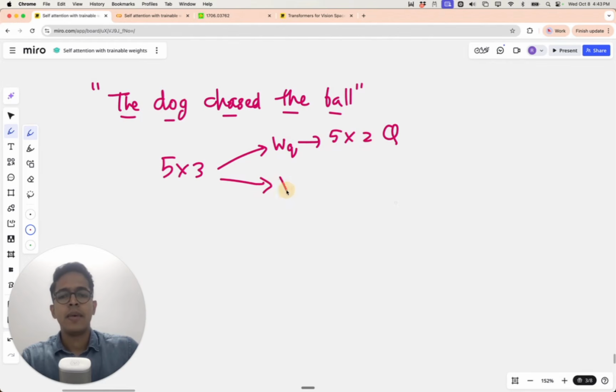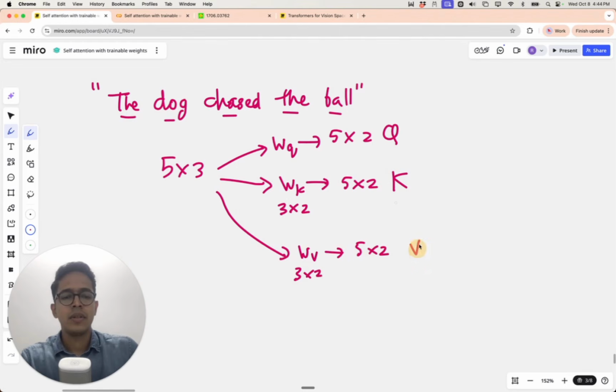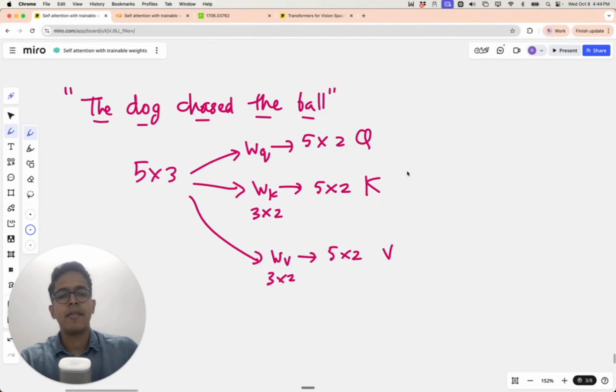This is multiplied by WK, which is a 3 by 2 matrix, to get a 5 by 2 matrix, which is the key. This is also multiplied by W value, which is 3 by 2, to get 5 by 2. These are 5 value vectors. So these are 5 Q vectors, 5 key vectors, and 5 value vectors.